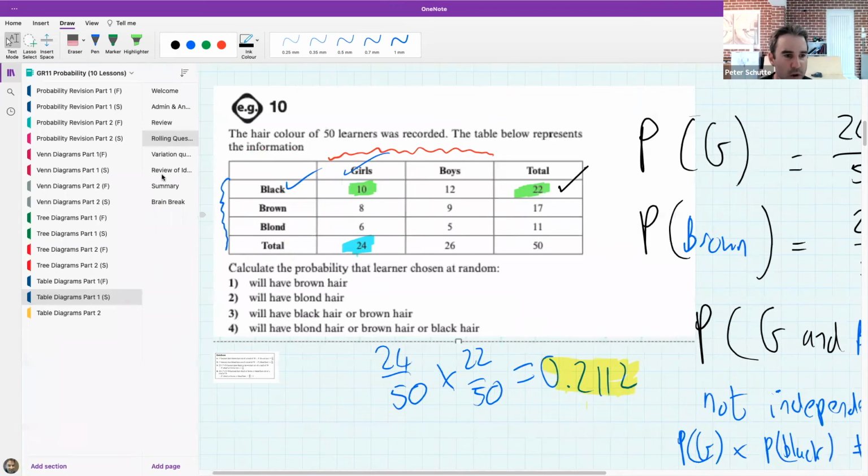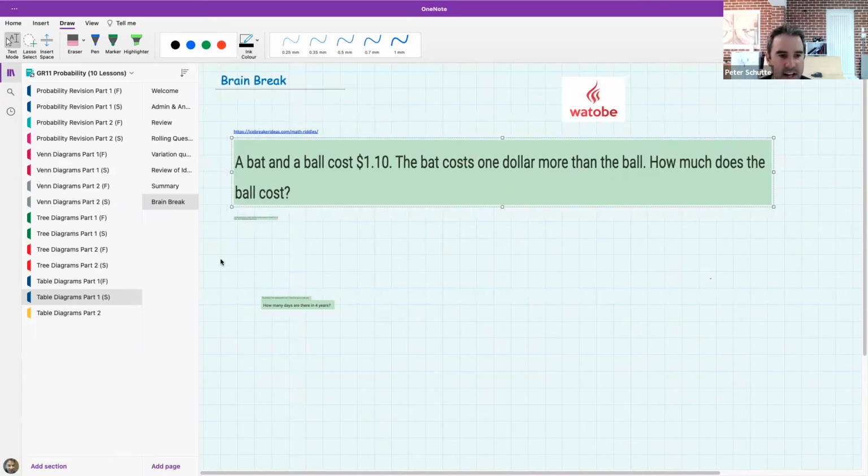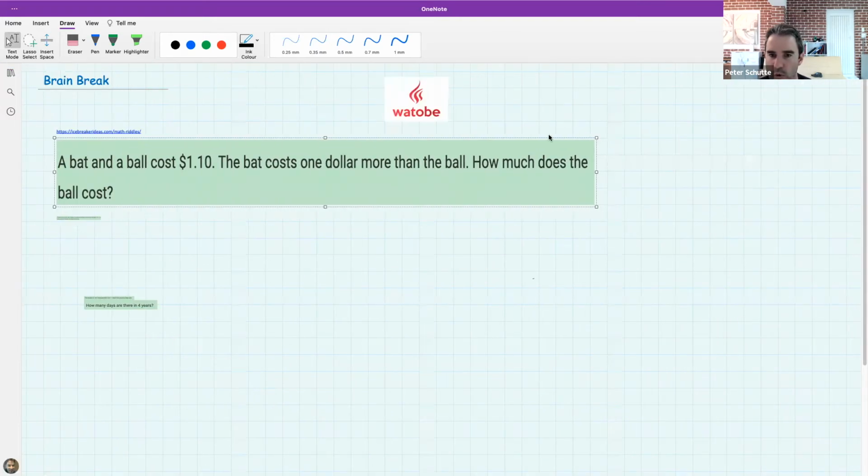Okay, let's do a quick brain break. So here is the brain break for today. It's a real classic. And I want to know who can answer this question for me. A bat and ball costs $1.10 or R1.10, doesn't matter. The bat costs $1 more than the ball.